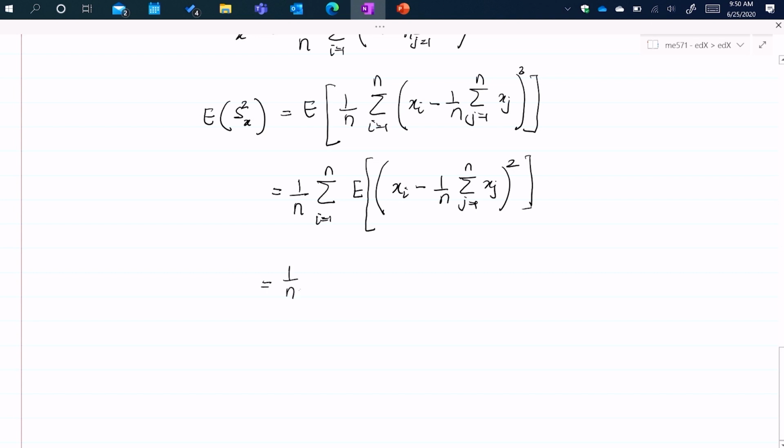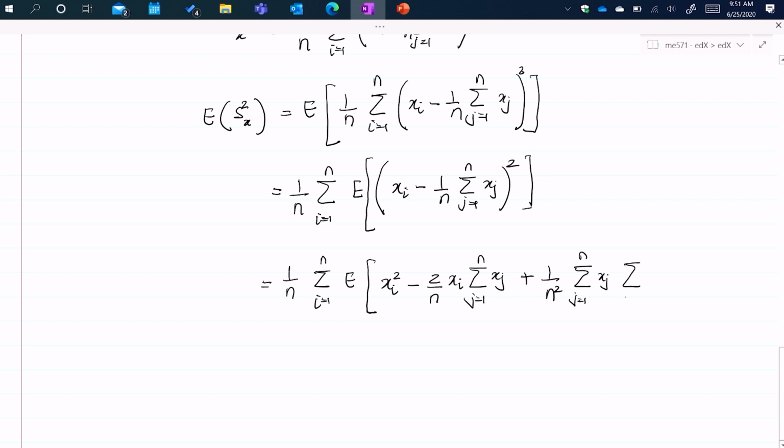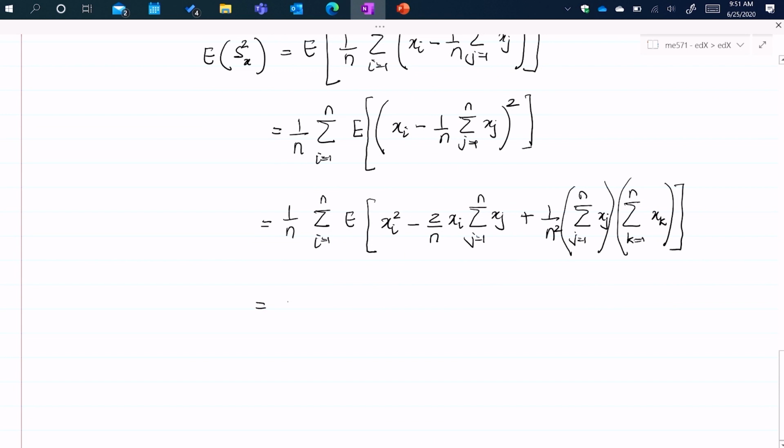I can write this as 1 over n summation i going from 1 to n of the expected value of xi squared minus 2 by n times xi times summation j going from 1 to n of xj plus 1 over n squared summation j going from 1 to n of xj times another summation of xj. That will confuse the indices, so I'm going to call this k, going from 1 to n of xk. This is the expectation that I seek.